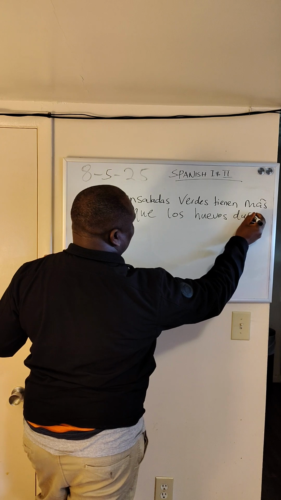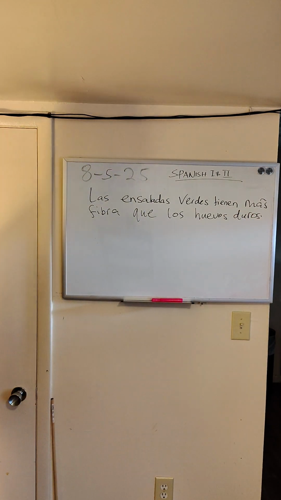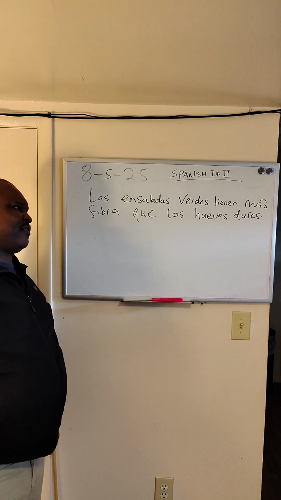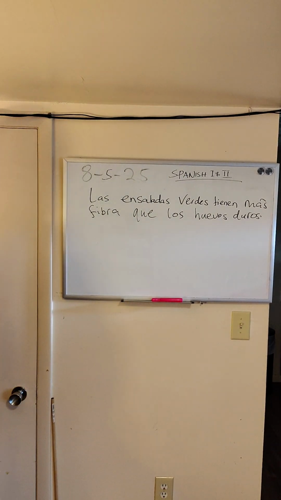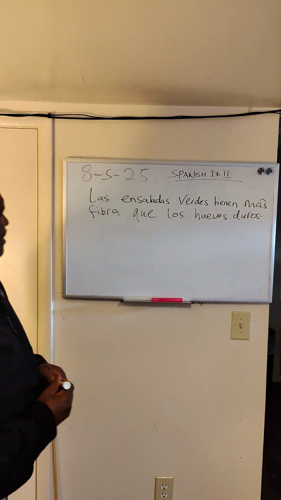They're comparing the fiber in the salads to the fiber in the boiled eggs. So now they're saying that green salads have more fiber than boiled eggs. That is what that statement is saying.